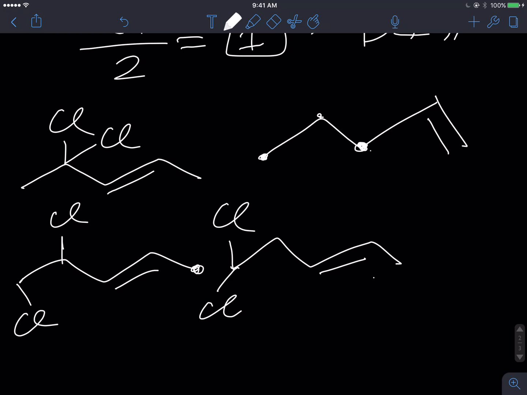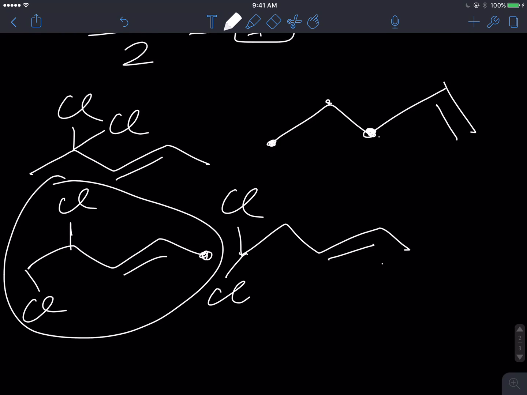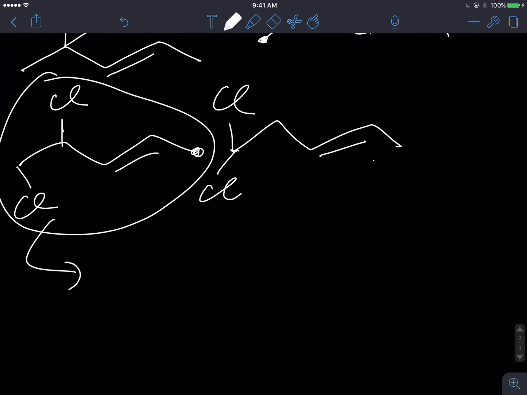And not to forget the stereochemistry, the wedge and dash. For example, this case, you have two cases. One is a wedge, the other one is a dash.